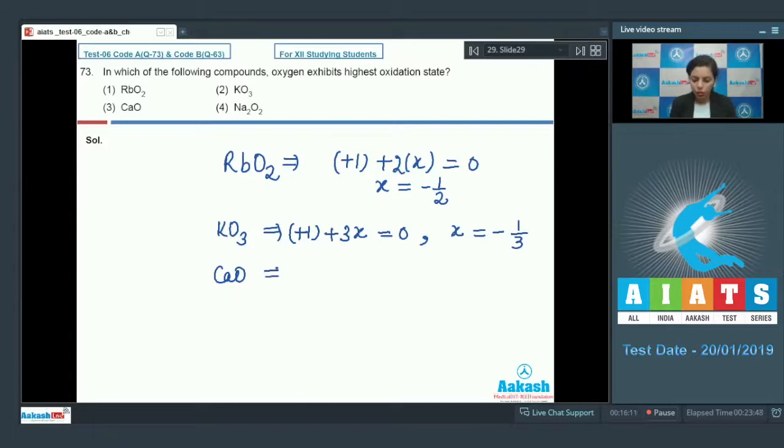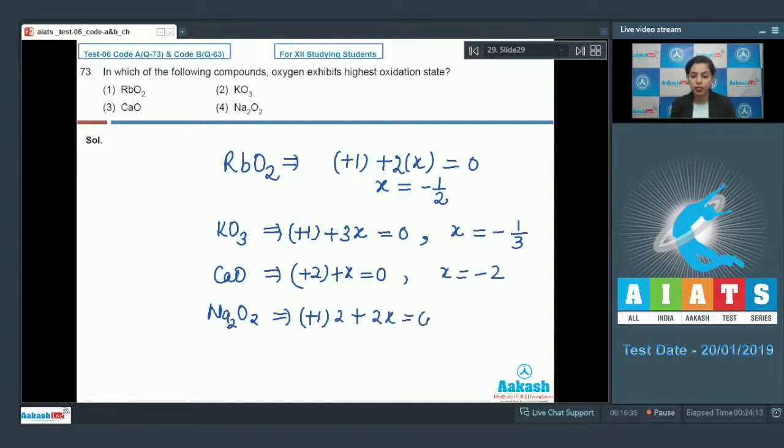After this, next is CaO. In case of CaO, calcium is there. Calcium is an alkaline earth metal, and it is in +2 oxidation state. Plus X, that's 0, and X is equal to -2. Then we have sodium peroxide, Na2O2. Here, the oxidation number of sodium is +1, so it becomes +1 into 2 plus 2X is 0.